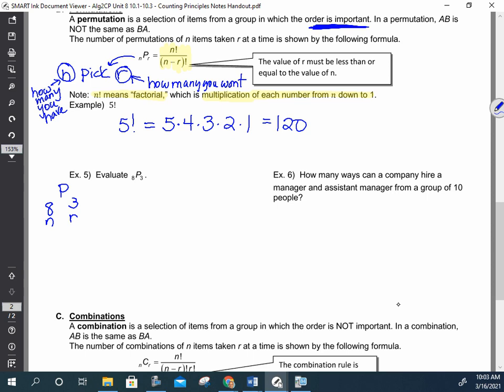N always goes first, R always goes second. So now we're going to put it in the formula. That's 8 factorial over 8 minus 3 factorial.